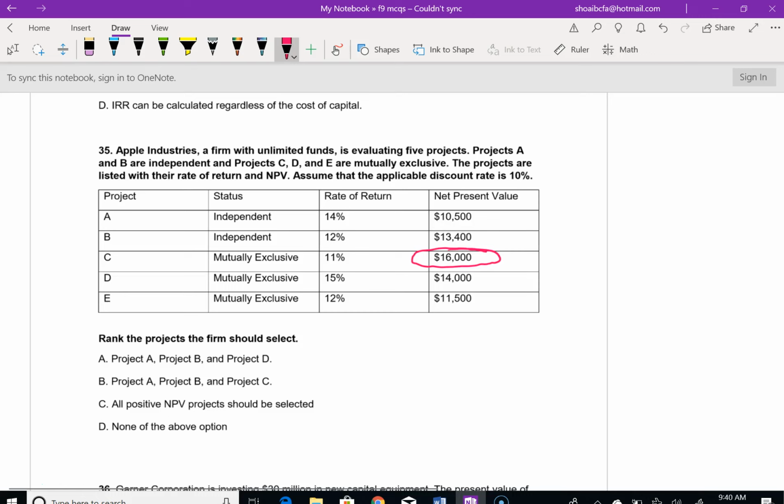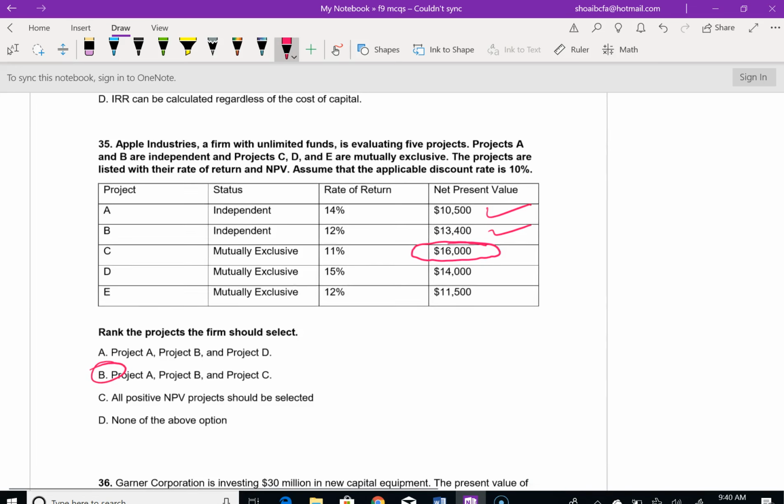So you are going to select projects A and B because both are positive projects and both are independent. You can select both. But from C, D, and E, you will only select the project which has the highest NPV. So the answer is projects A, B, and C. That is Beta, the B answer.